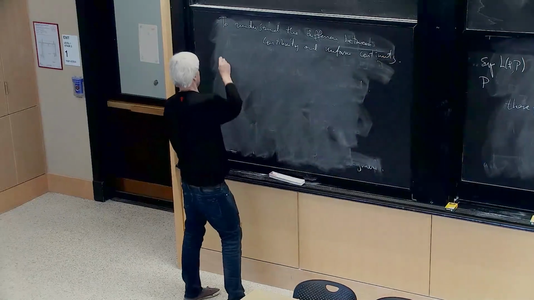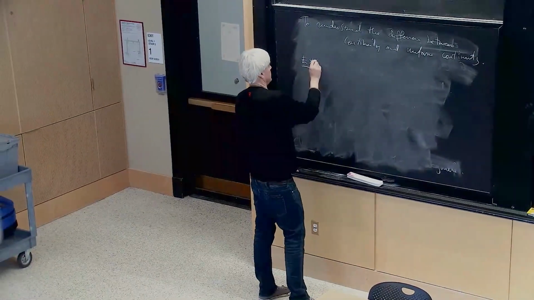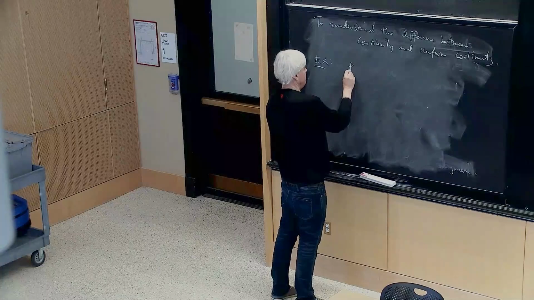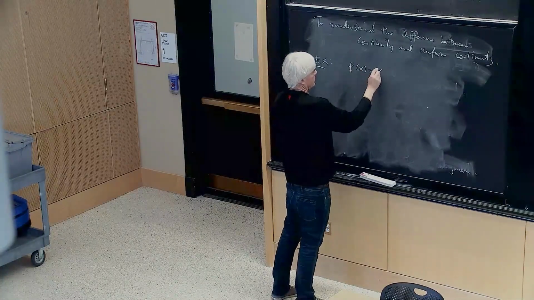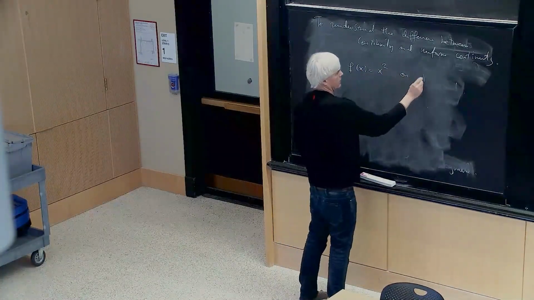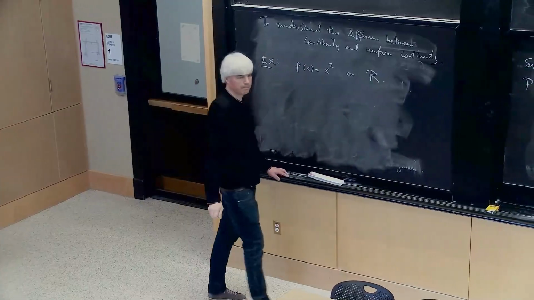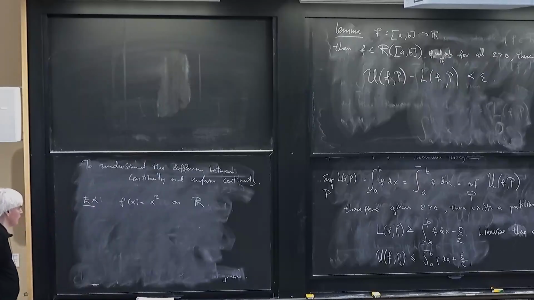And so here is an example. Suppose you take the function f(x) equal to x squared. This is now on R, right? Well, we already know that this function is continuous, right?